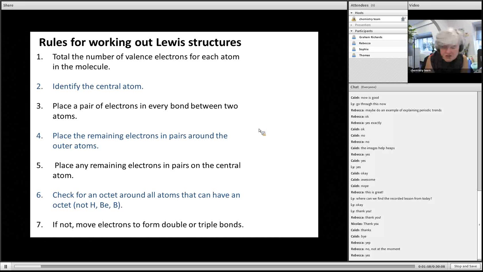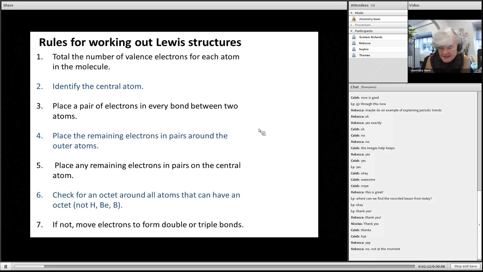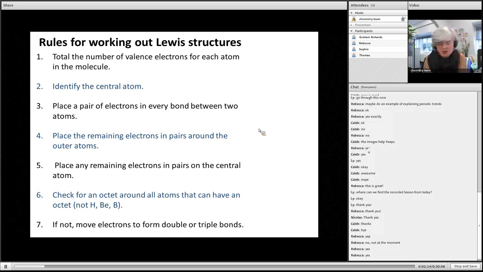Okay, well, let me say it this way. Xenon is one of the noble gases. So it's in the last group, group 18. Does it have valence electrons? Yes, it's got 8. So remember, the number of valence electrons always corresponds to the last digit of the group.